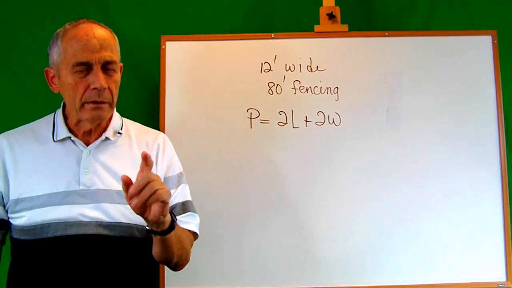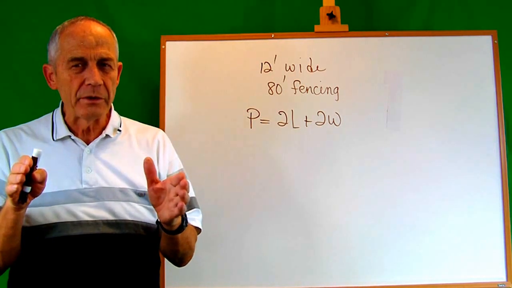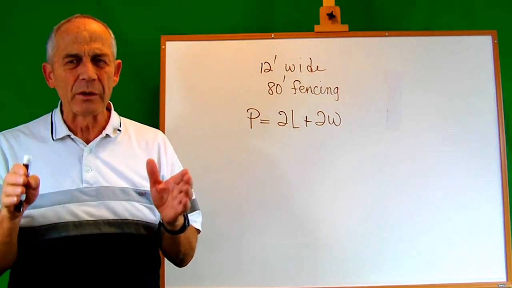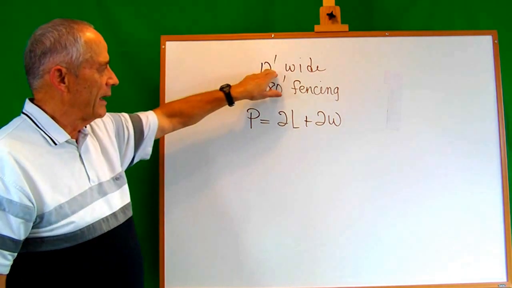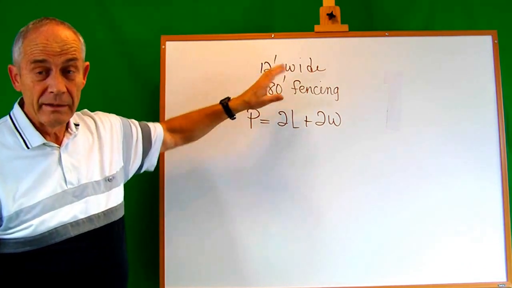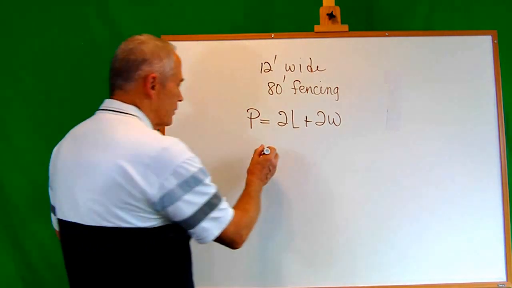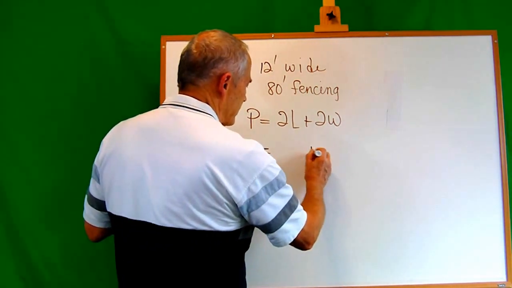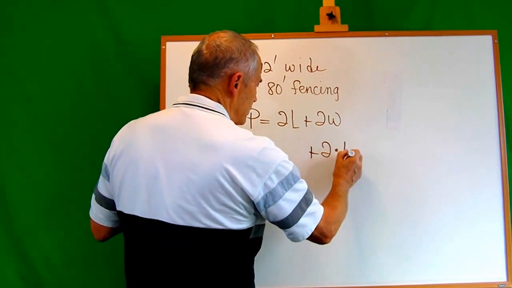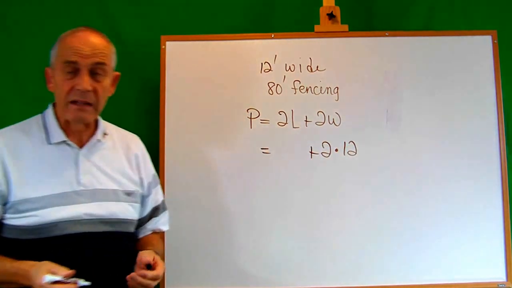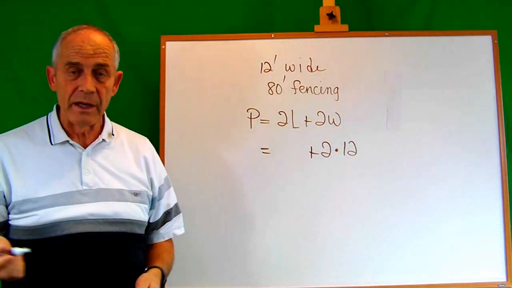Now, it's important that you look at the information that you actually have and work with that. So when I see the 12, that's 12 foot wide, I know where that goes. So I don't have any problems there. That's going to be 2 times 12, because that's what the width is, and that's what that formula says.